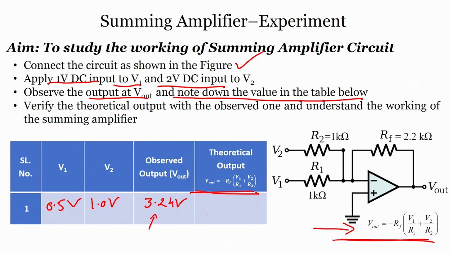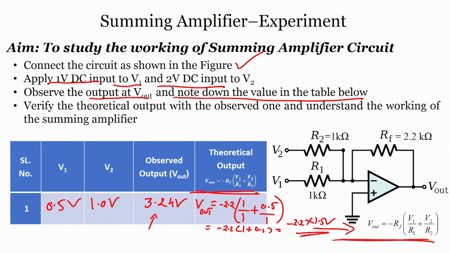Theoretically, V out equals RF, 2.2, into V1 (1 volt) by R1 (1) plus V2 (0.5 volts) by R2 (1). So this will be minus 2.2 into 1.5 volts.